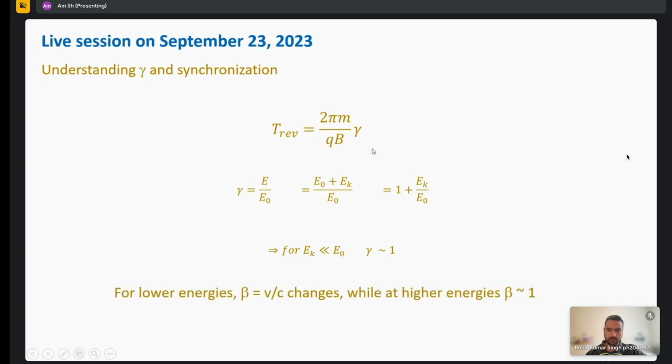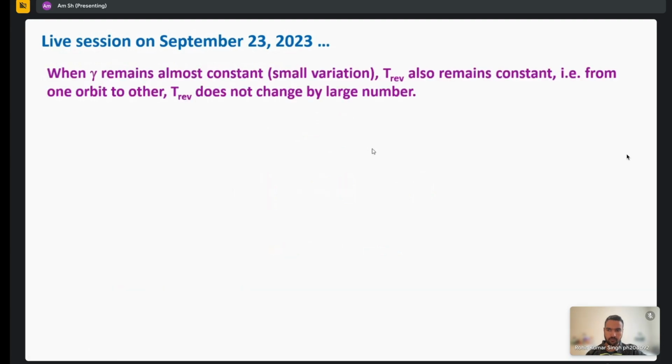This is the main thing used in the classical cyclotron. In the classical cyclotron, gamma remains almost constant, so T revolution also remains constant and does not change by a large number.